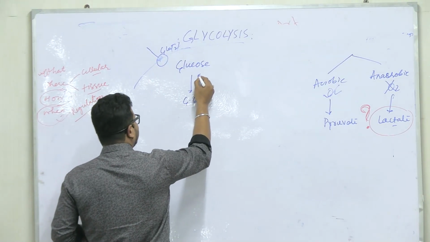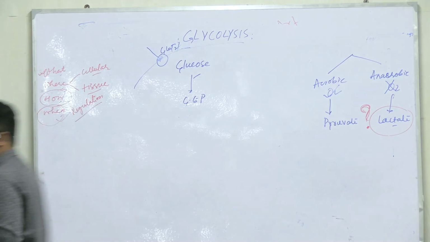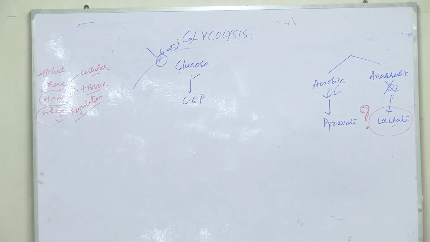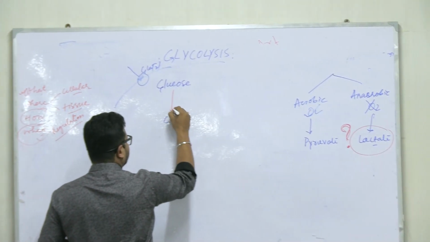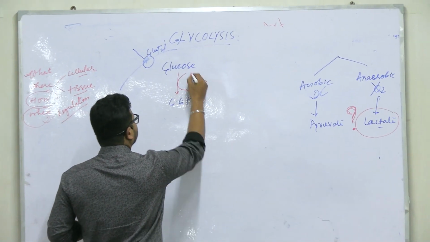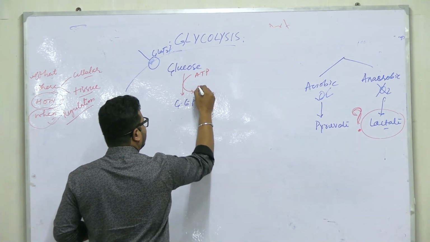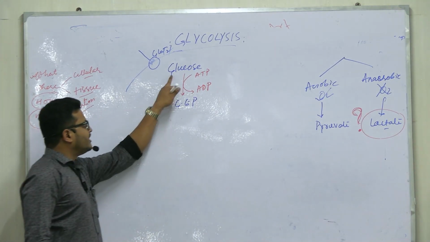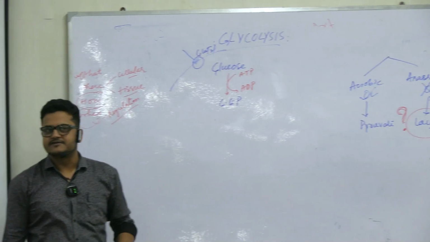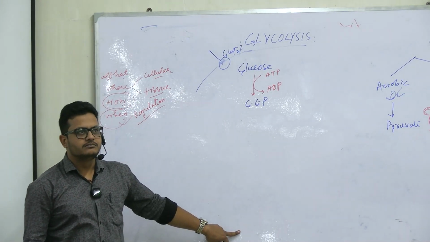Glucose is phosphorylated at the 6th carbon provided by an enzyme where the phosphate group is donated by ATP to convert it into a component called glucose 6-phosphate. Yes or no?